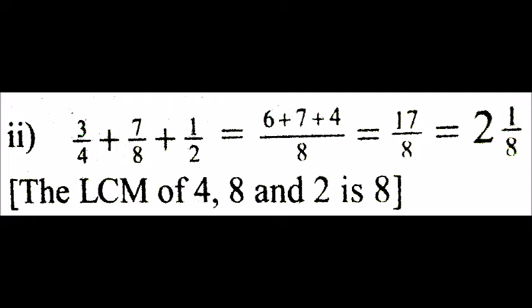That's written there, plus 7. 2 goes into 8 4 times, 4 times 1 is 4. So that's plus 4. Now when you add them up, 6 plus 7 plus 4, you get 17 divided by 8. Because it is an improper fraction, you can't leave your answer as 17 over 8. So you change it to a mixed fraction. So 8 will go into 17 2 times, remainder 1 over 8.